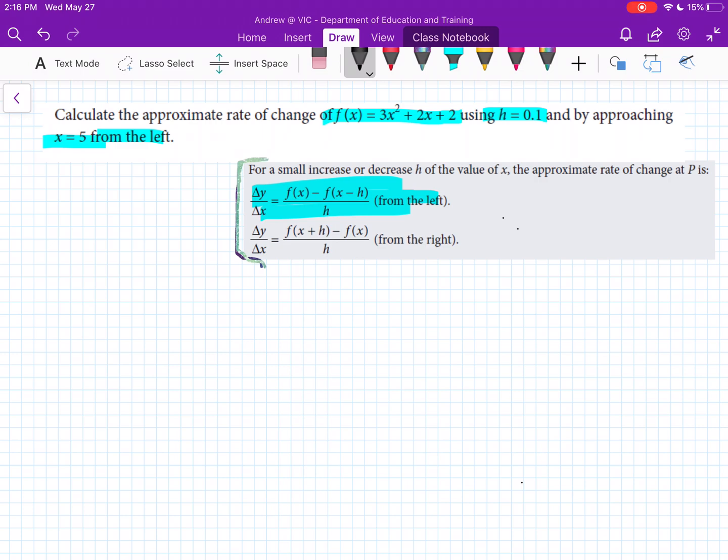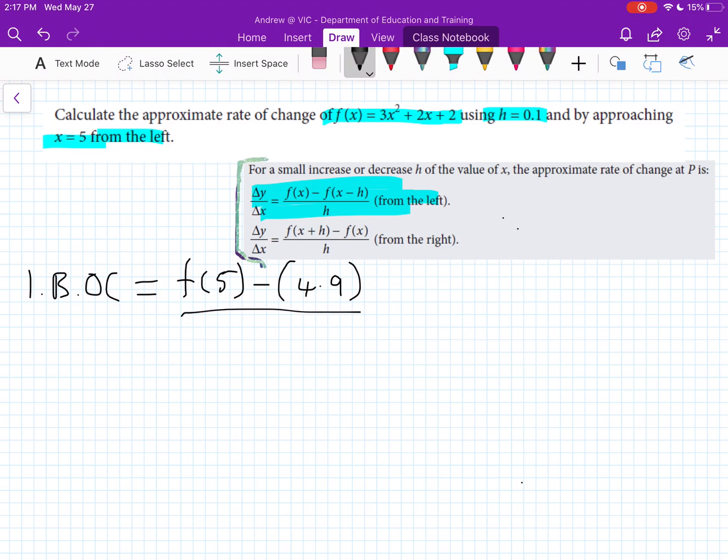So with this, our instantaneous rate of change is going to equal essentially f(5), just following that formula. Our x value is 5, sorry. f(5) minus f(x minus h), so 5 minus 0.1, so it's going to be 4.9.